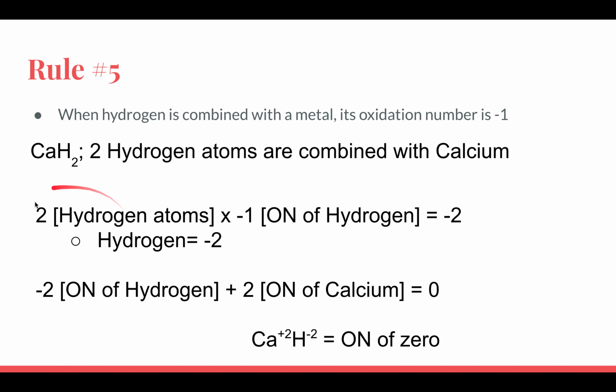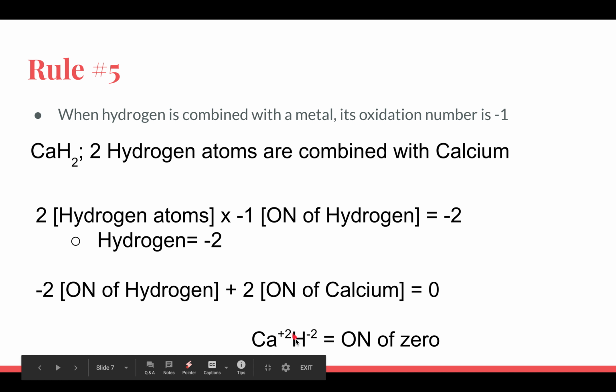Therefore, we have two hydrogen atoms multiplied by -1, the oxidation number of hydrogen, which equals -2. So now that hydrogen equals -2, we add the oxidation number of calcium, +2, to cancel out and give us 0. Ca +2, H -2 equals an oxidation number of 0.